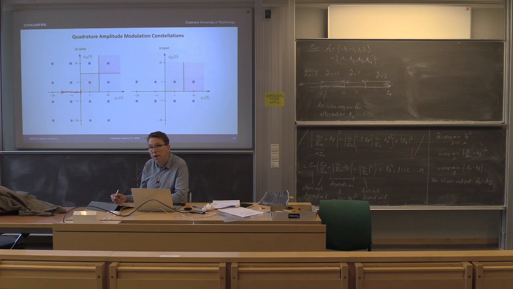But now instead of having it along one line, we have a two-dimensional decision variable. So then we have these regions. This region here are all the points in the plane which are closest to this signal point. So this is now the decision regions.